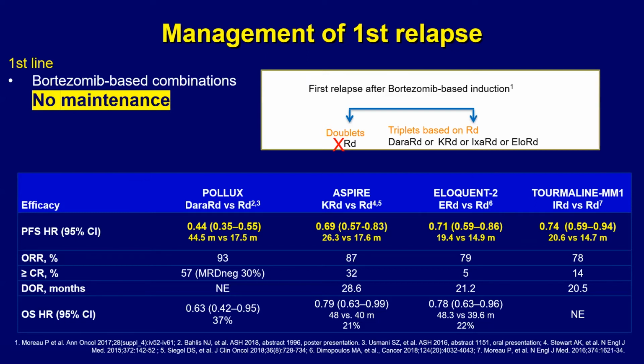In PLIC-1, where ixazomib in combination with RD was compared to RD, there is also some benefit, as well as Tourmaline MM1, in which the oral proteasome inhibitor ixazomib added to RD showed to some extent an improvement. Next slide, please.